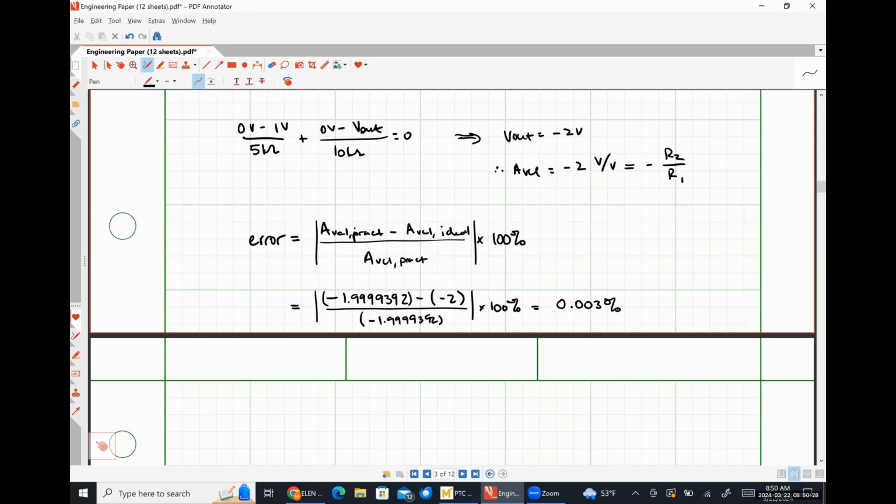Open loop voltage gains might be low, and you'll still find that realistically, even with a very poorly designed op-amp circuit in a negative feedback configuration, you still only get like 2% error tops. Okay. So realistically, anytime you're dealing with a negative feedback op-amp circuit, you can just use the ideal op-amp rules and you'll be well within the ballpark of what you're expected to get in your practical circuit.